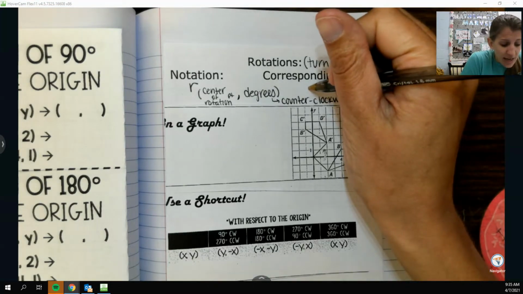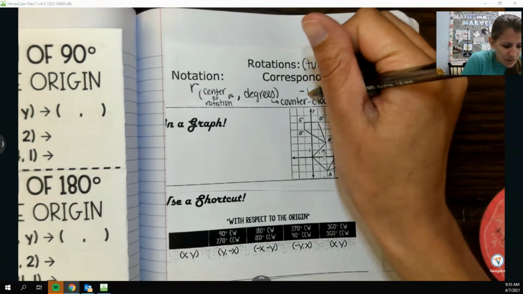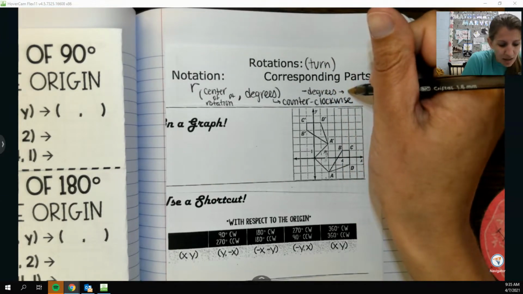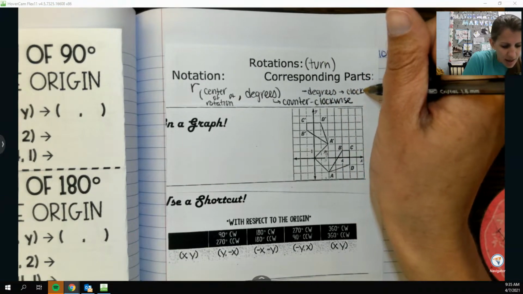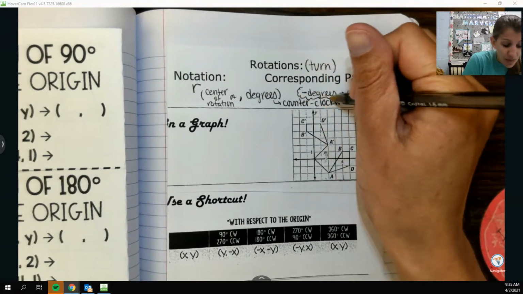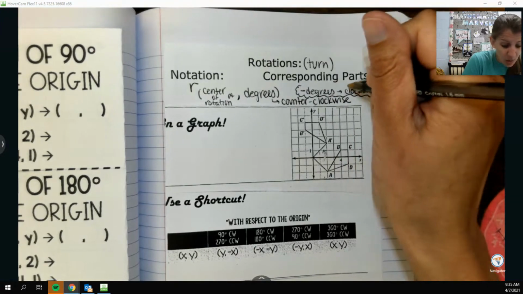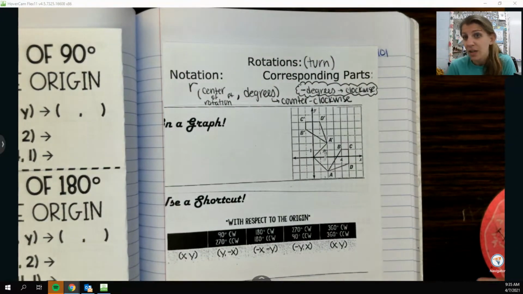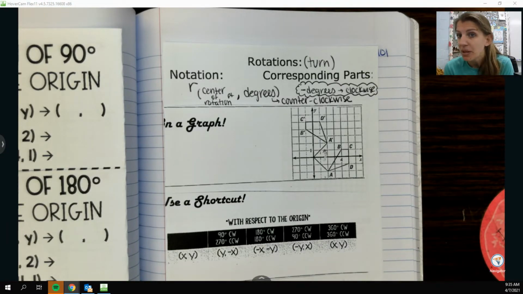If they put a negative in front of the degrees, then you're traveling clockwise. Or sometimes, if you're lucky, they will just say the word clockwise or counterclockwise. So just read carefully. If not, the directions are implied by a positive number being counterclockwise and a negative number being clockwise.